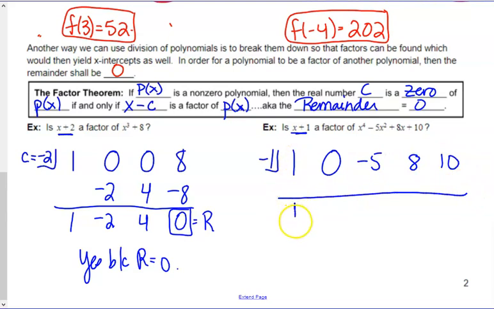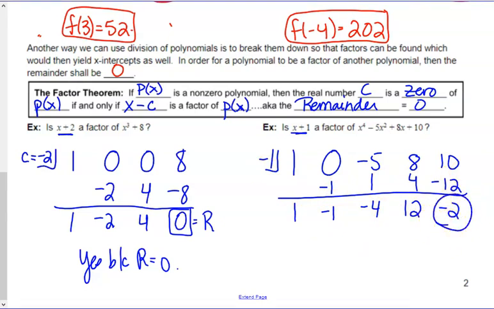Bring your 1 straight down. Multiply by c gives me -1. Add gives me -1. Multiply by -1 gives me +1. Add is a -4. Multiply by -1 gives me a +4. Add gives me a 12. Multiply by -1 gives me -12. And add gives me -2.